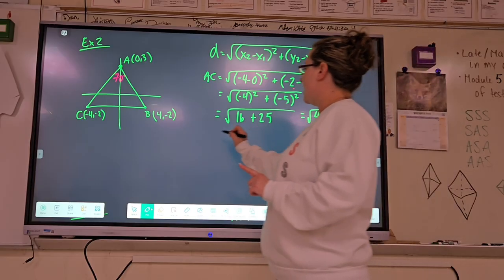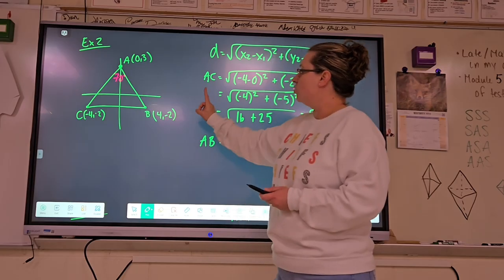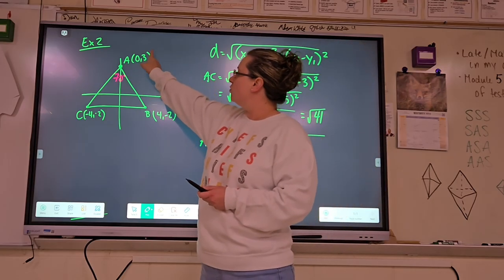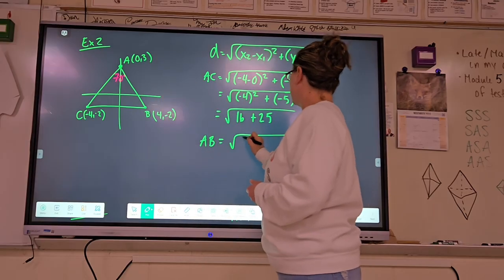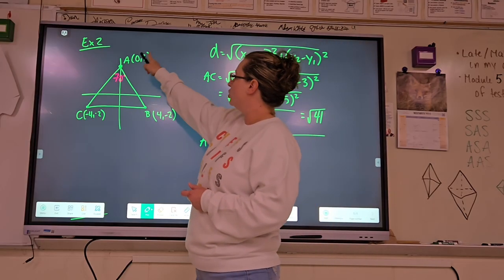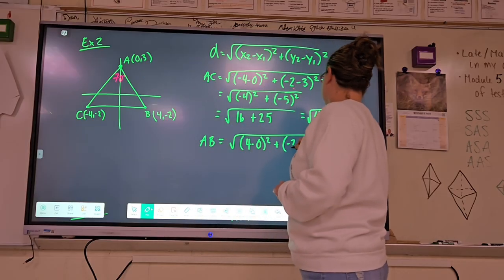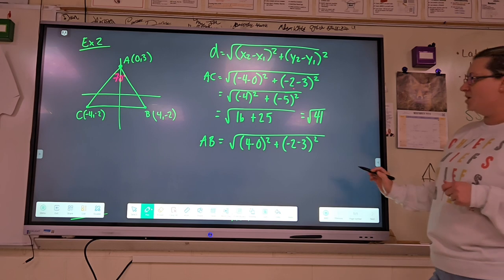And then I'm going to do AB the same way. So I'll have x1, y1, x2, y2. So I'm going to have 4 minus 0, and then -2 minus 3. Of course, both of those are squared. I just didn't say it. Then we'll clean this up.